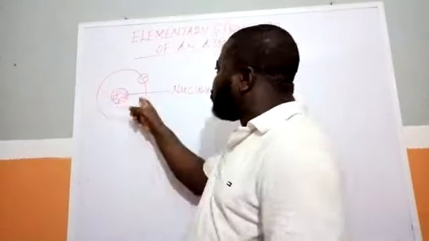But Rutherford discovered that the positive charge is at the center of the atom. Thereafter, it was discovered that inside this nucleus we have another particle, and that particle is what is called the neutron.